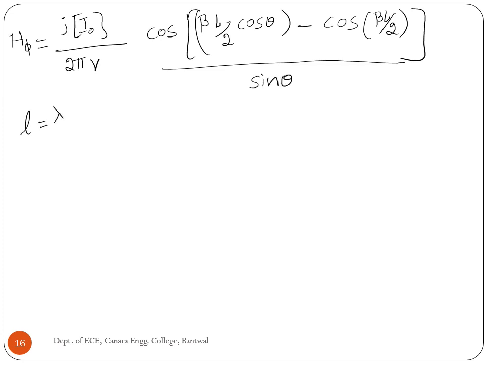When L equal to lambda by 2, the length of the antenna is lambda by 2, because we are finding the radiation resistance of lambda by 2 antenna.